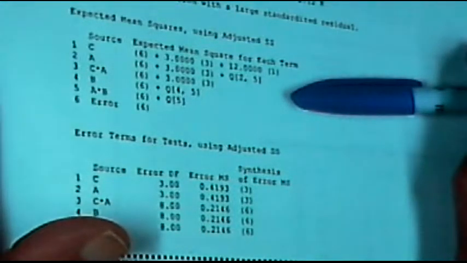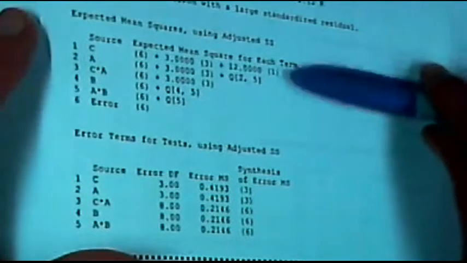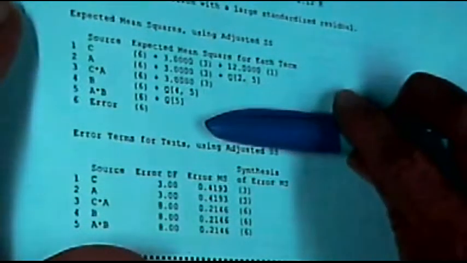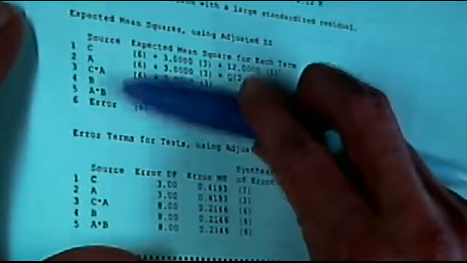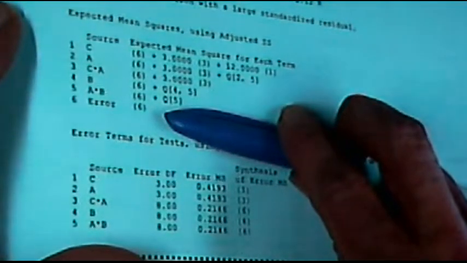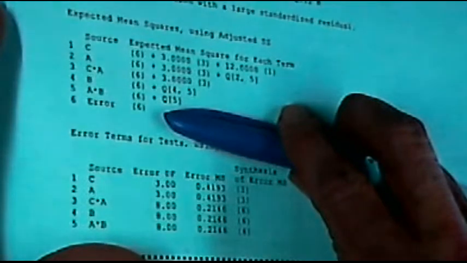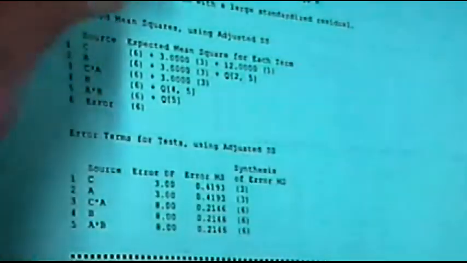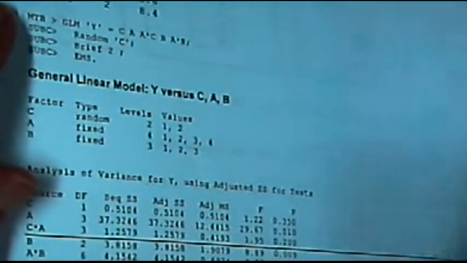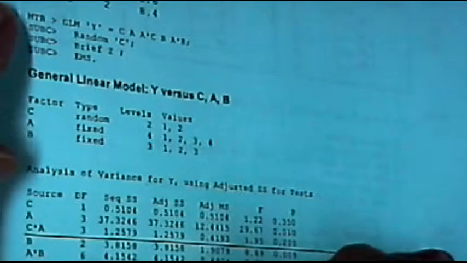Well, what this is telling us, if we start on the bottom and work up, is that if we want to test B or the AB interaction, use the error mean square for the denominator. So let's look at those last 3 lines and check over here. Here are our adjusted mean squares.